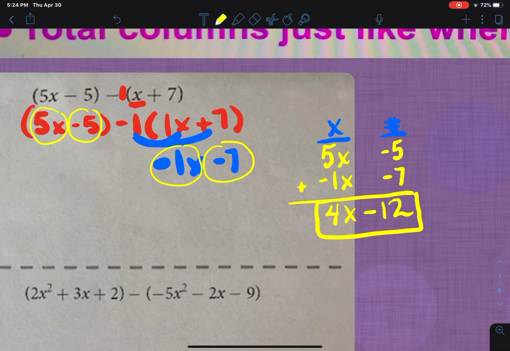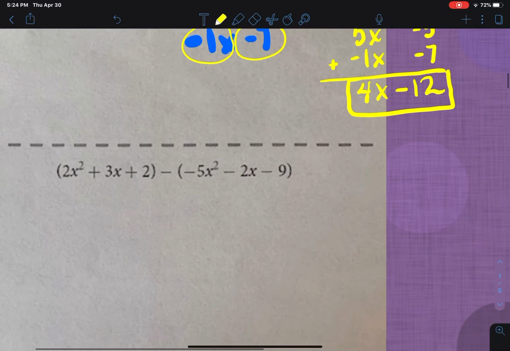Okay, let's try another one. So on this next one, I have to distribute to each one of these. Remember, all it does is change the sign. So negative 5x squared becomes positive 5x squared. Minus 2x becomes adding 2x.